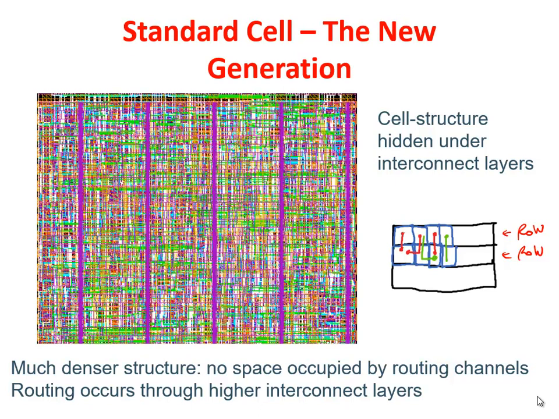How does one proceed in the design of a complete circuit, for example, with a standard cell solution? The typical process is to start from a high level of abstraction and then go down to the physical layer.